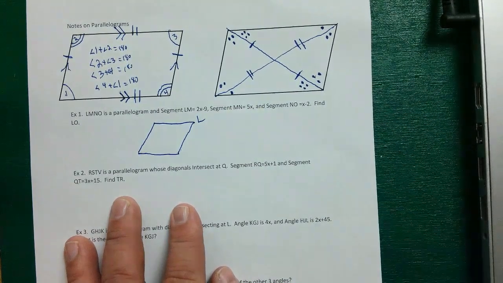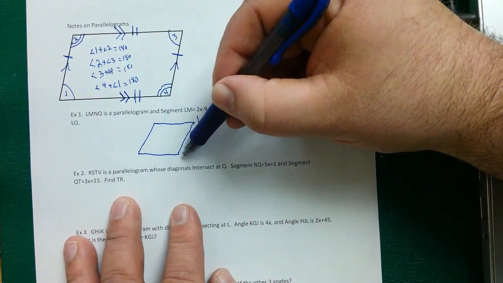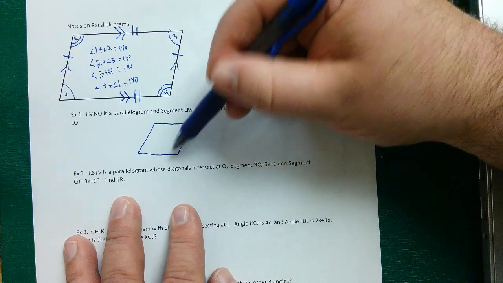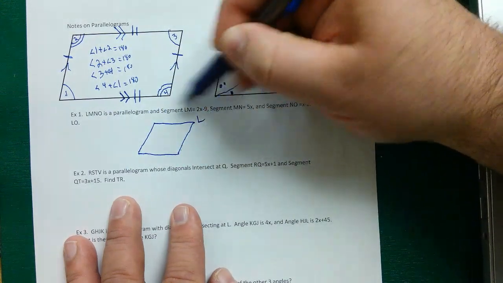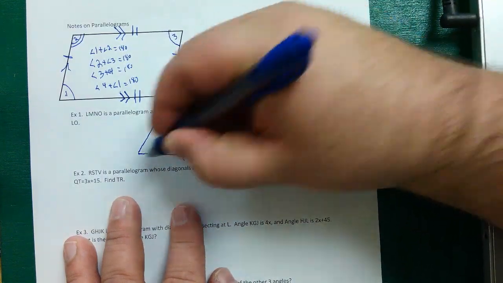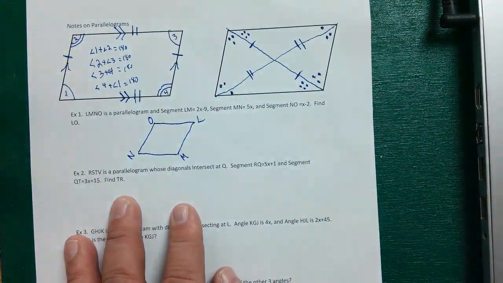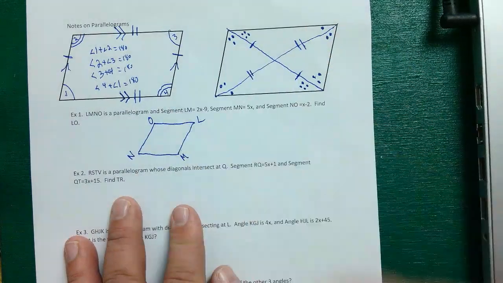M has to go either here or here, and then you have to continue on. So LMNO or LMNO, it doesn't matter, but you have to pick one and go that direction. I'm going to say LMNO. If you did yours differently, as long as you go in a circle around it, you're fine.